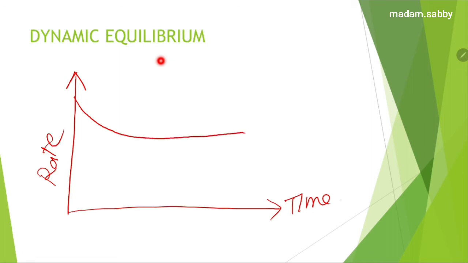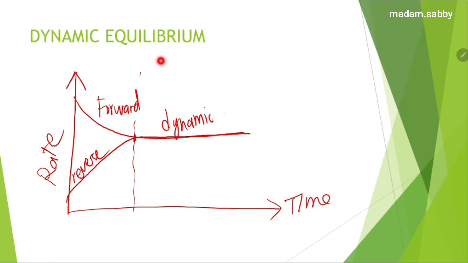This is the forward reaction because we start to slowly use up reactants. And then we start with the reverse reaction. As these two, forward and reverse reaction, meet at one line and produce one plateau line, this one we name as dynamic equilibrium has been established.